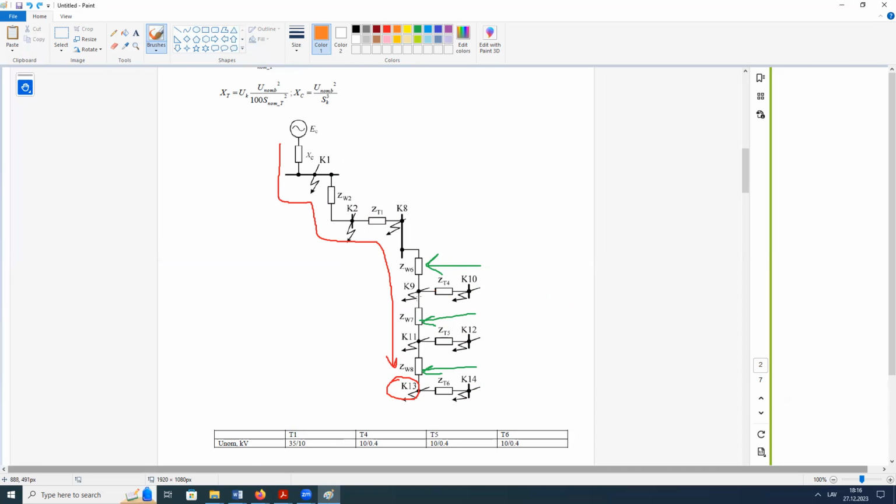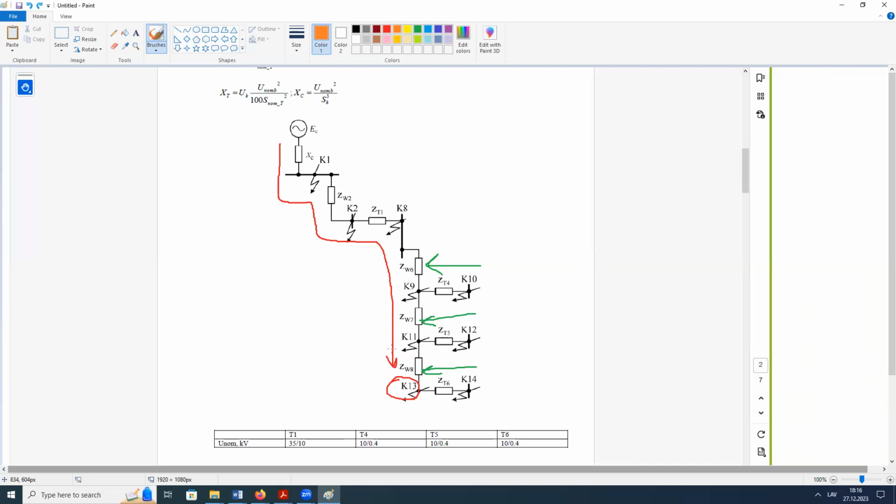It's not so easy, because we need to make the scheme equivalent, and we use this flow plus this flow plus this flow plus this flow. So we need to calculate this current. We need to calculate all the current sources. How could we do it?